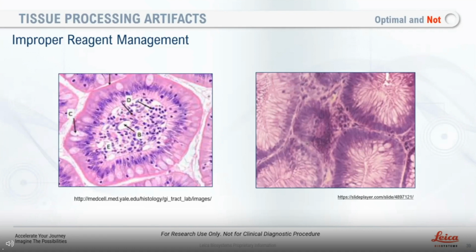All right, thank you. Next question. What are two examples of typical laboratory processes that can impact quality tissue processing? I can think of a couple.